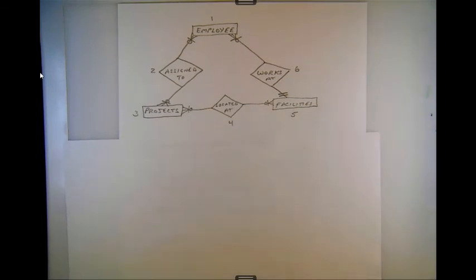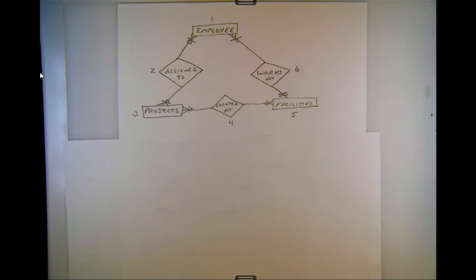All right, so the next step is really easy. You number everything. And what did we number up here? Entities and the relationships. So we had 6 total things.